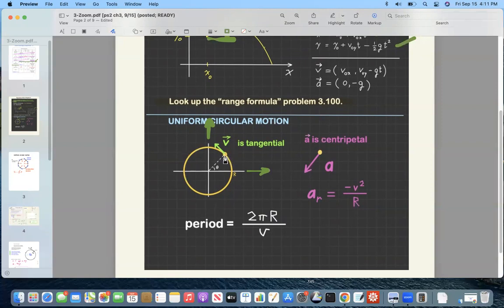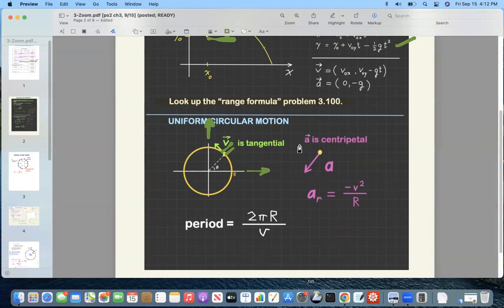So if the position changes from here to here, a very small time later, you see the direction of motion is tangent to the circle. The velocity is the rate of change of position. So velocity is tangential. Now, what about acceleration?